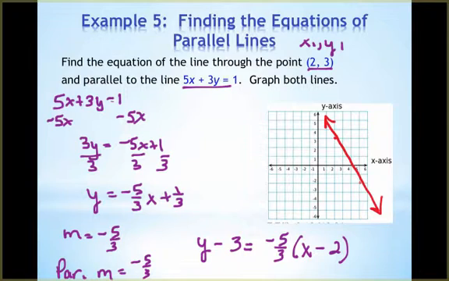My second line, which actually is the original line, I have to use this to graph. So we know that m is negative 5/3 and b is 1/3. So we're going to start just a little bit above 0. And then we're going to use our slope of negative 5/3.